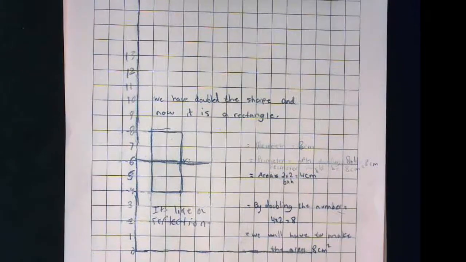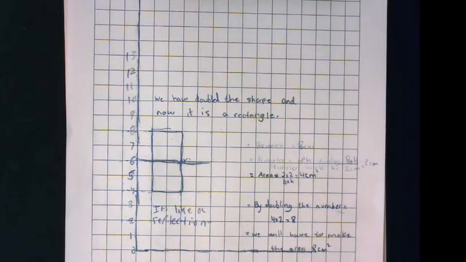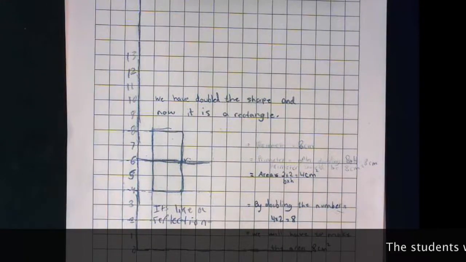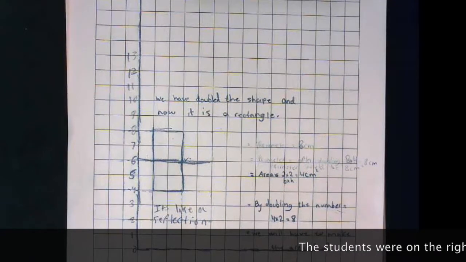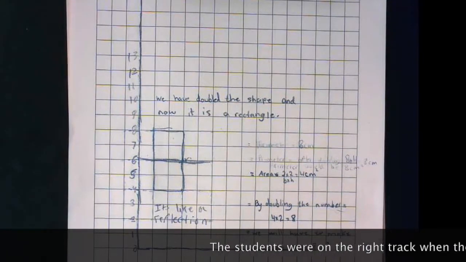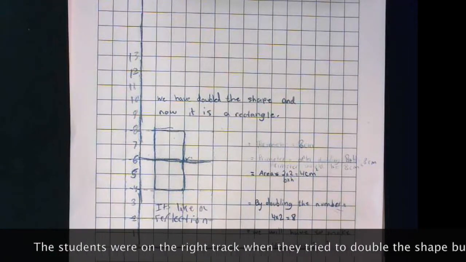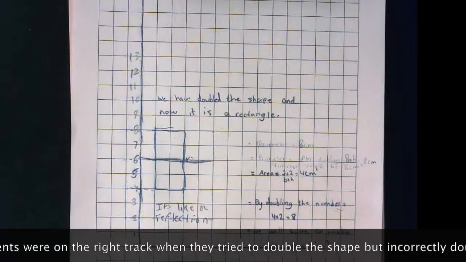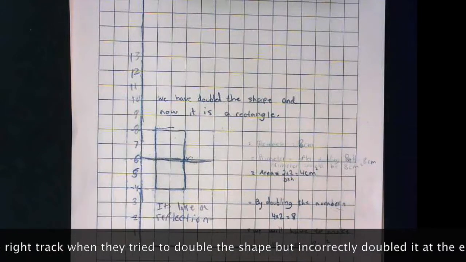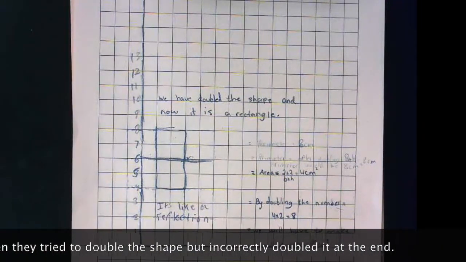But I think that doubling the area is not the way to do it. What do you think you need to double? Because remember, we're doubling the shape. The two groups who've shared their answers have just doubled the final part of it. What could you have doubled?